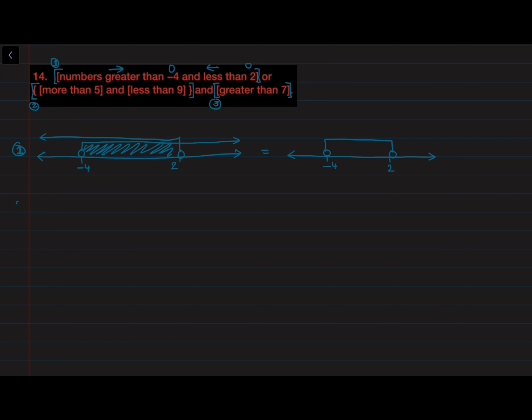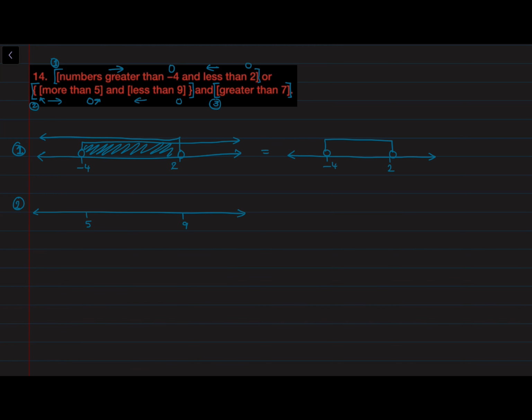Then for the second part, don't let these extra brackets confuse you or make this question feel harder than it is, because it's the same thing as what we've been doing before. We're looking at numbers that are more than 5, where 5 is excluded, and less than 9. So as normal, we draw the number line. We would plot down our numbers.